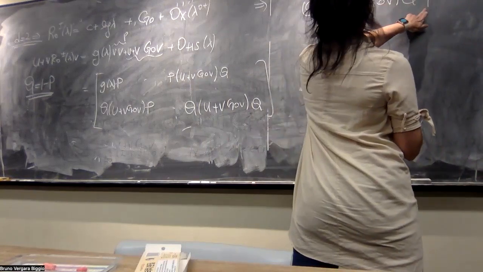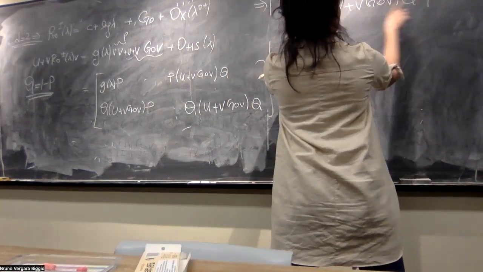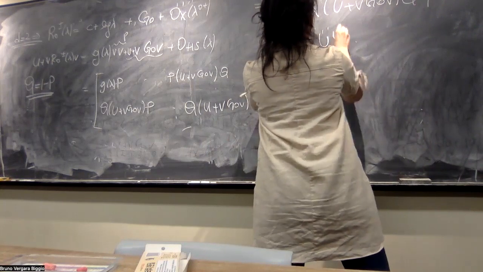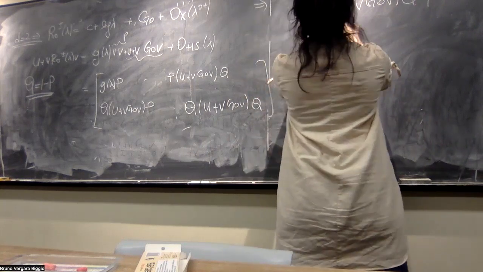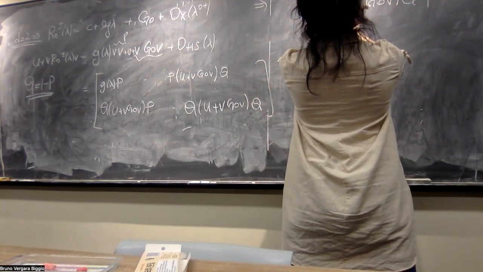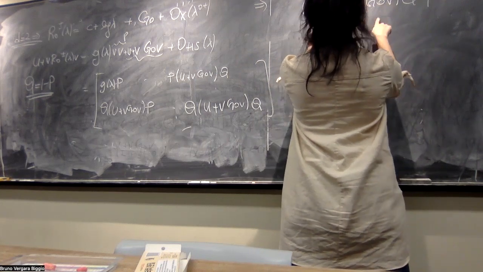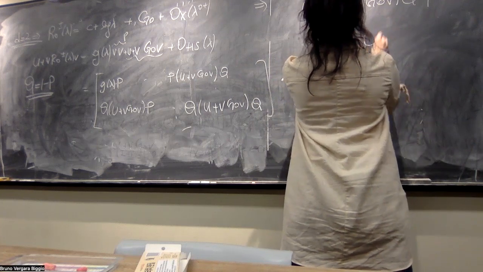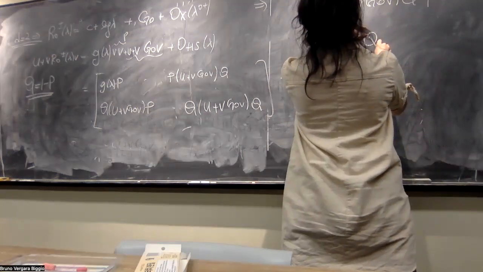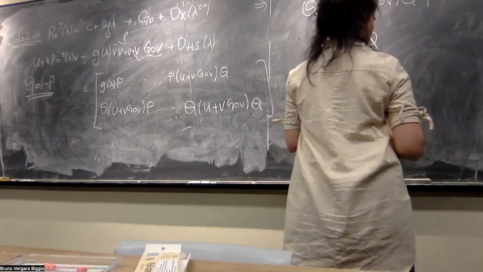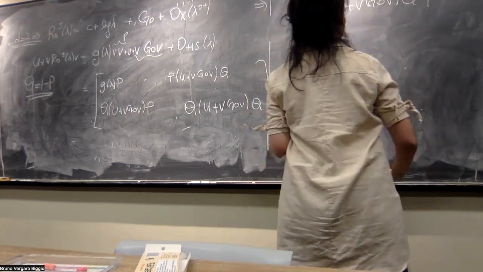So I'm trying to understand how phi is going to look. So I will have U, and I'm going to put everything in Q.